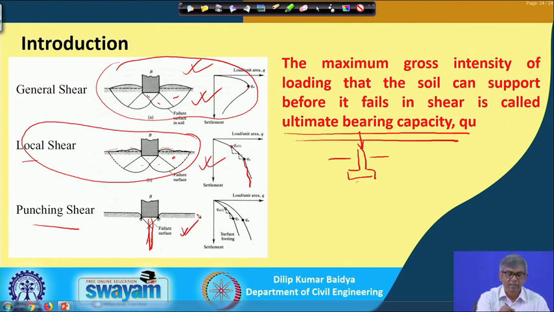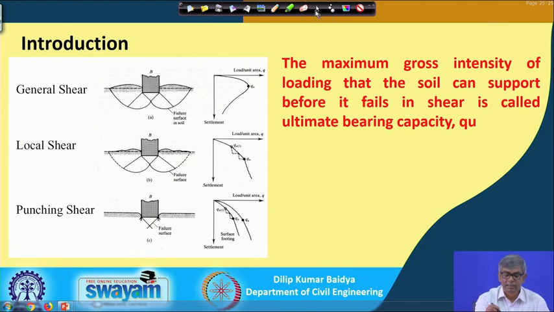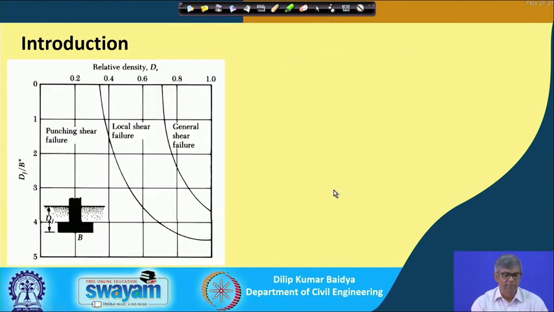Okay. And again this depends on some factors, like which soil will fail in general shear, which in local shear, and which in punching shear. There are some guidelines, some investigations have been carried out, and through the relative density of the soil this is clarified.